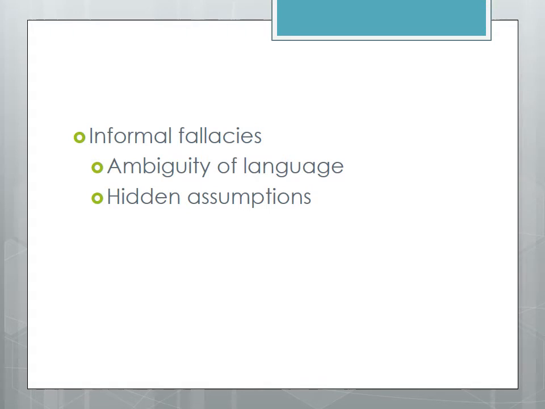A new language where hidden assumptions are not permitted. Every assumption, every step in an argument is made explicit. And when we do this, we start engaging in different logical systems. One of the most important of these logical systems is deductive logic.